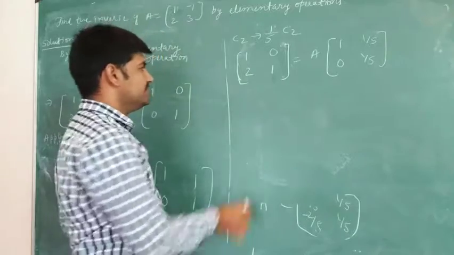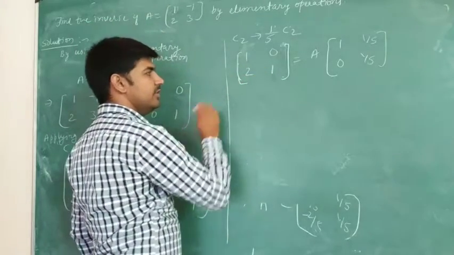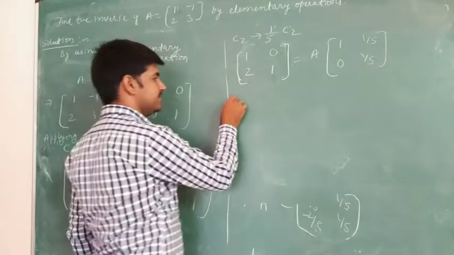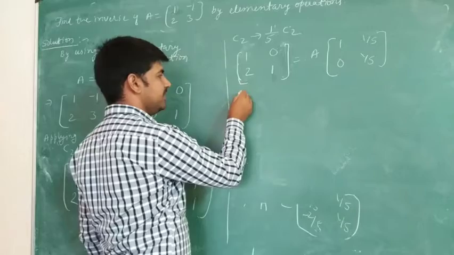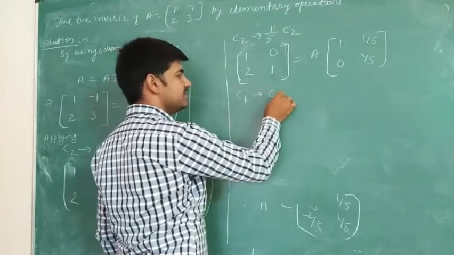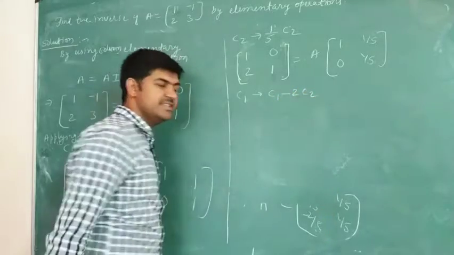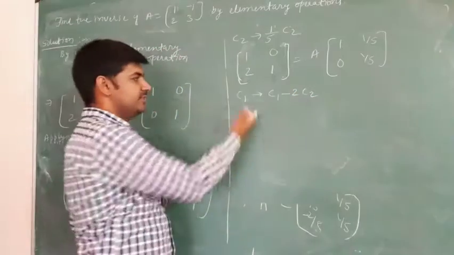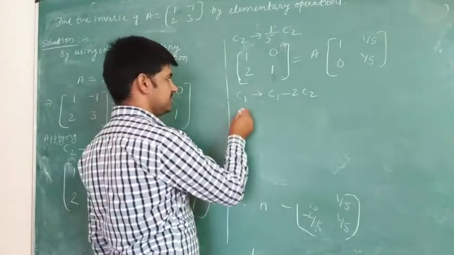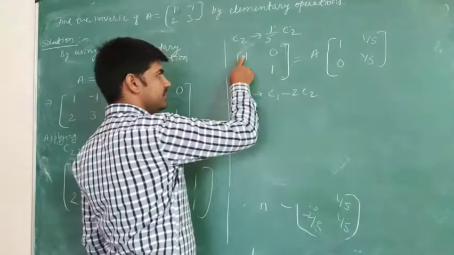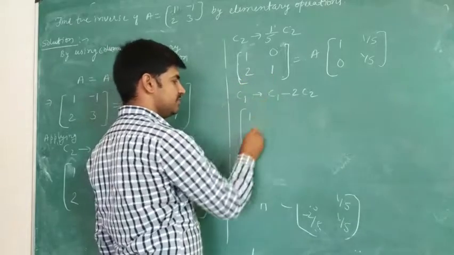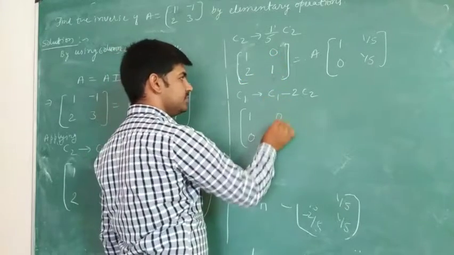Now only one thing students, if we make this 2 as 0, this particular matrix will become an identity matrix. So now what to apply? We can apply C1 replaced by C1 minus twice of C2. This is one of the column elementary operations, or you can say the third column elementary operation. So when we apply this, 1 minus twice of 0 is equal to 1, 2 minus twice of 1 is equal to 0, and the same 0, 1.